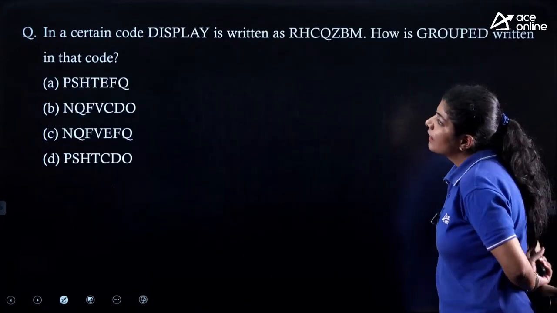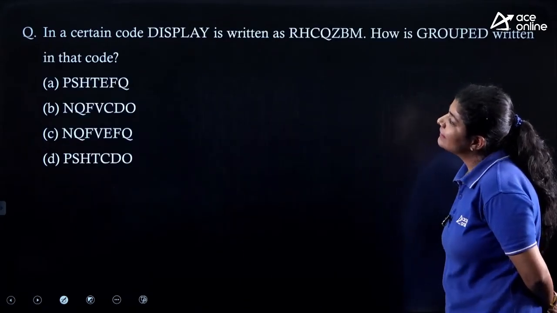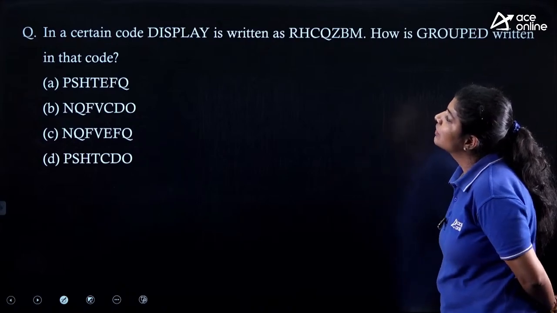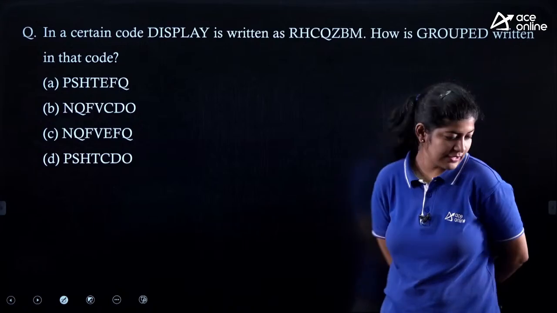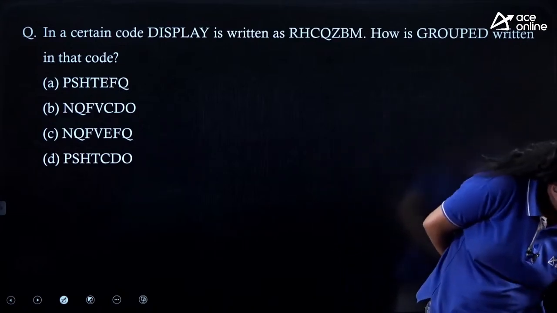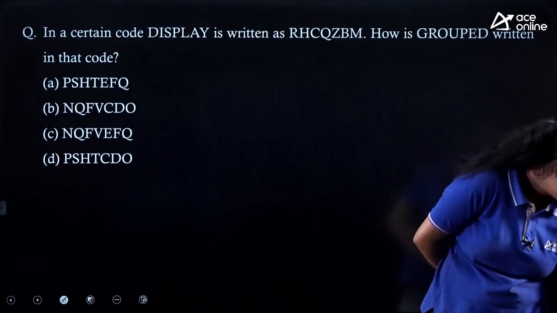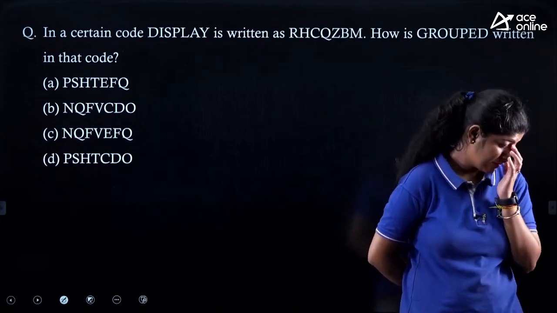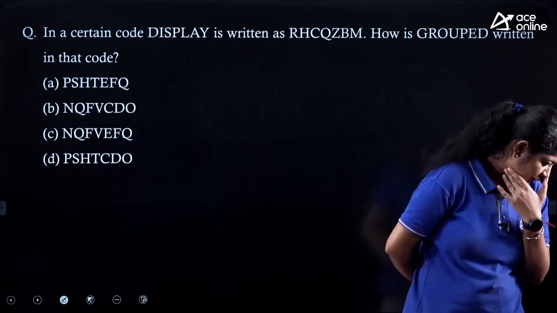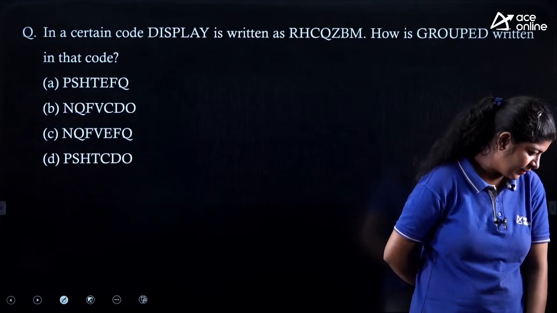Next. The next one is saying that in a certain code language, display is written as this one. How is grouped written in that code? Very good, Shiva. Very good, Neil. Very good, Mark.